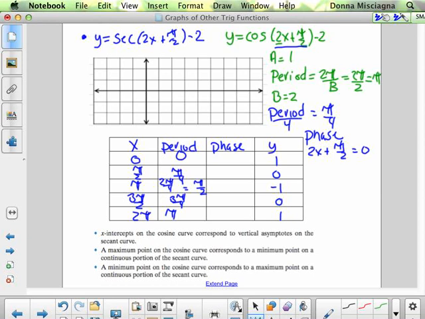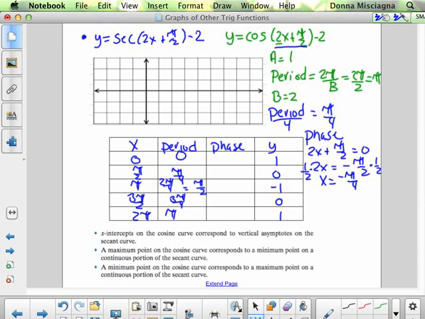We want to isolate x, so we'll subtract pi halves from both sides. So 2x equals negative pi halves, and then divide by 2. Dividing by 2 is the same as multiplying by a half. So that means x is negative pi fourths.